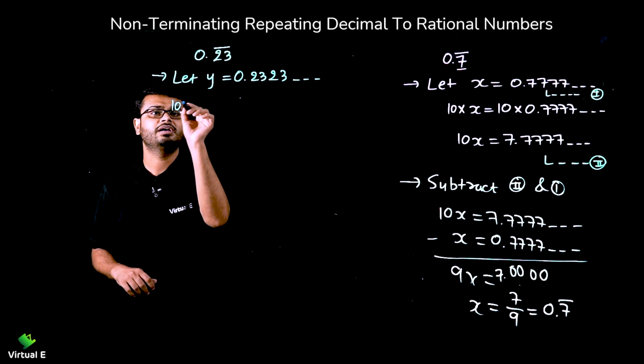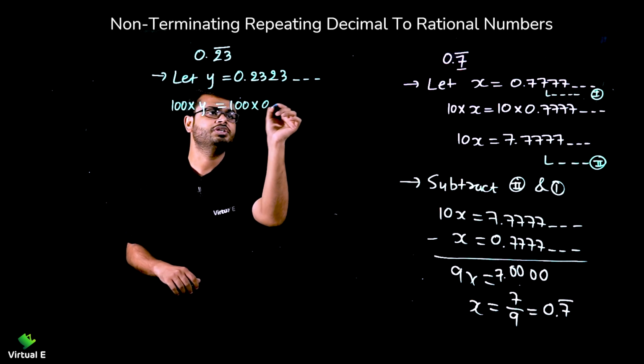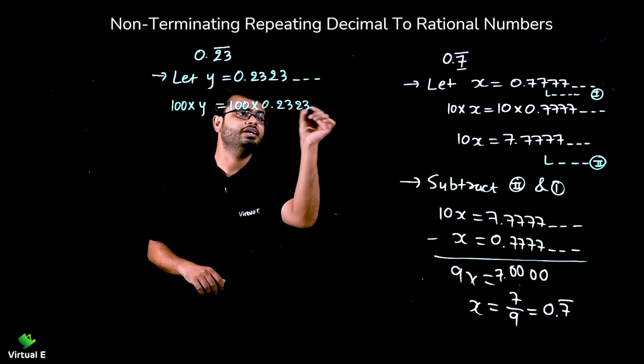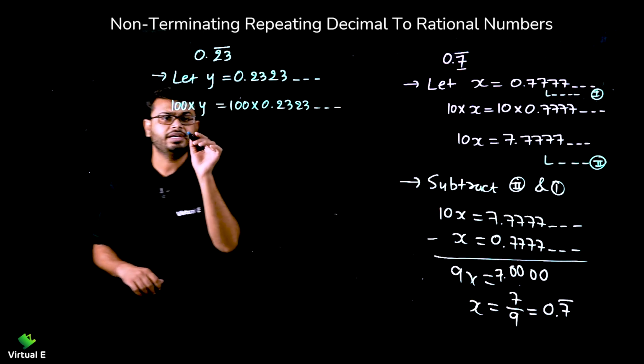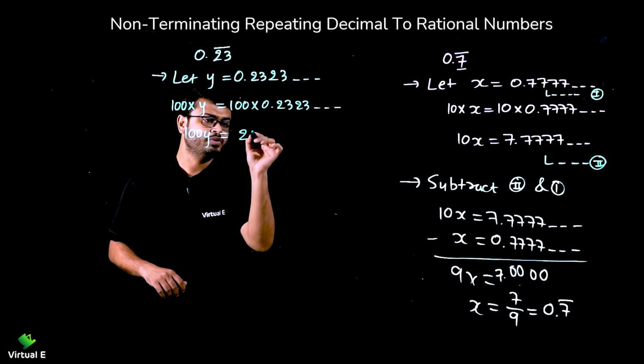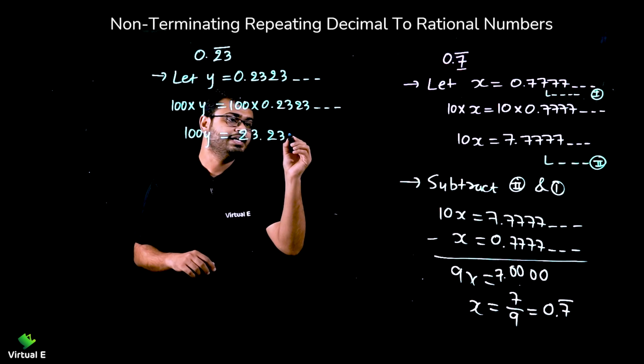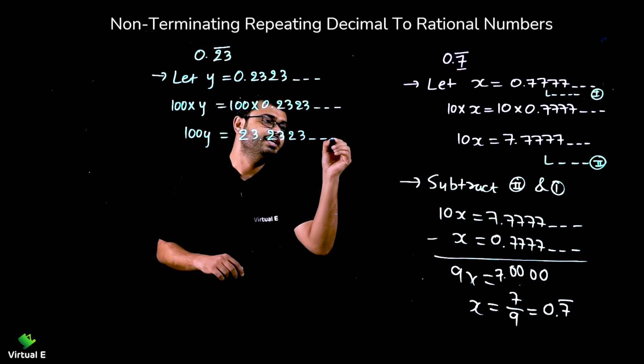So let's multiply 100 into y is equal to 100 into 0.2323... So here it is 100y and here it is 23.23, and so on.